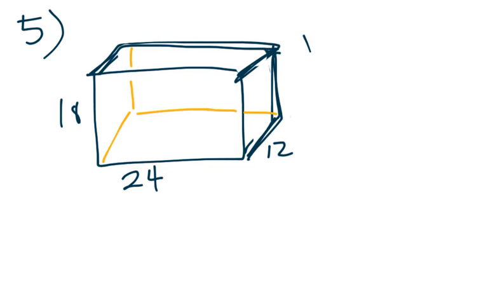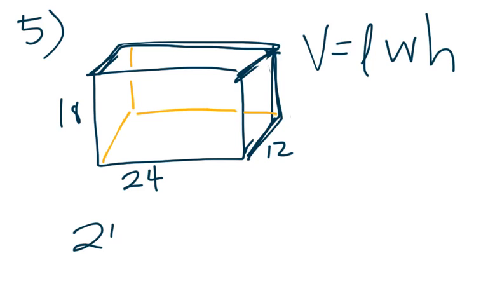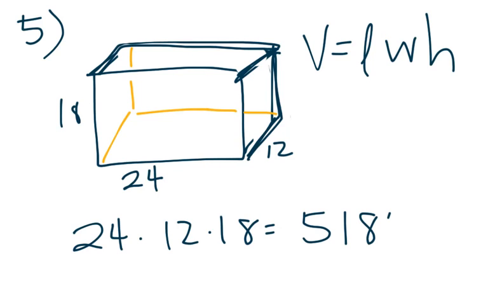So volume is just length times width times height. So we multiply 24 times 12 times 18, and you can use a calculator for that. So 24 times 12 times 18 is 5,184. And this is your answer for number 5.